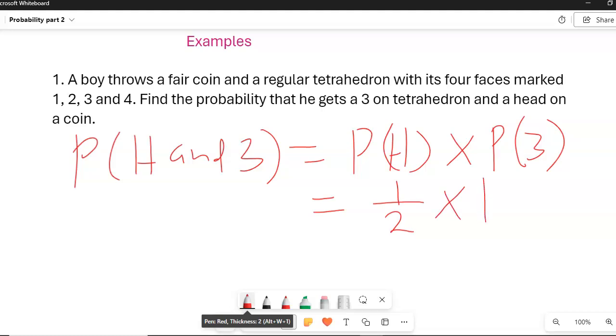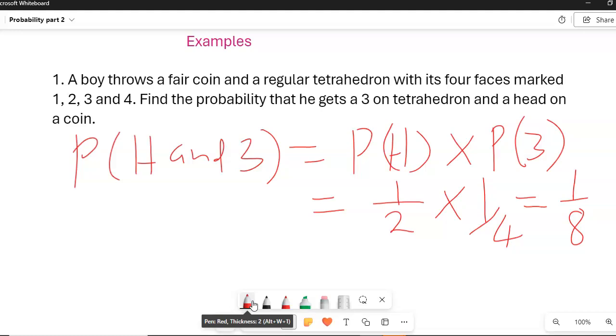We have only one 3 out of the 4, so that is a quarter. Then we multiply, and this is going to give us 1/8. So that is the probability of getting a 3 and a head on the coin.